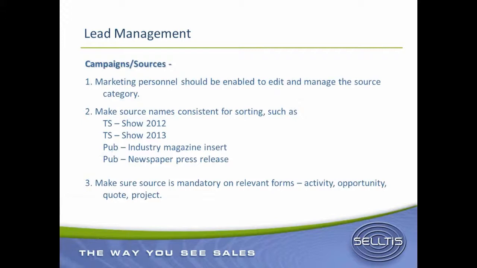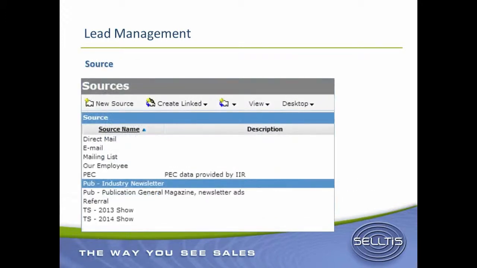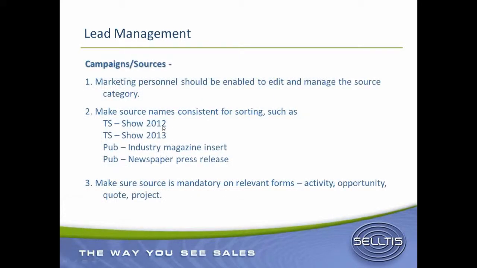Let's talk about campaigns. In Selltis, it's called a source. And if you look at a list of sources, something like this, you might be able to classify these a little bit in order to make your filtering and sorting a little easier to work with.